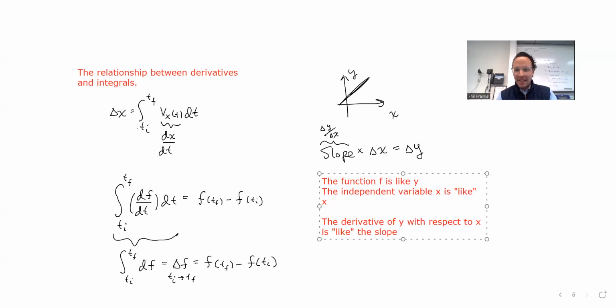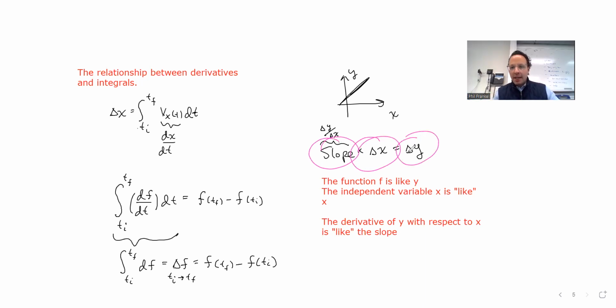In fact, I'm putting like in quotes again. It really is an unnecessary word there. It is the slope. When I multiply the slope of a function by a little change in the independent variable, that's on the horizontal axis, I get a change in the vertically plotted variable, a change in the function itself.